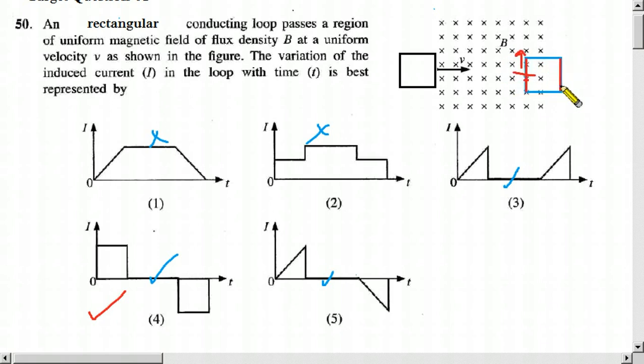The battery is there. As soon as it leaves the boundary, this battery disappears because it has no magnetic field. Both have no magnetic fields. So therefore it happens suddenly, not little by little. This left side wire leaves the field suddenly. So therefore the current becomes zero suddenly. So therefore this one is the correct answer.